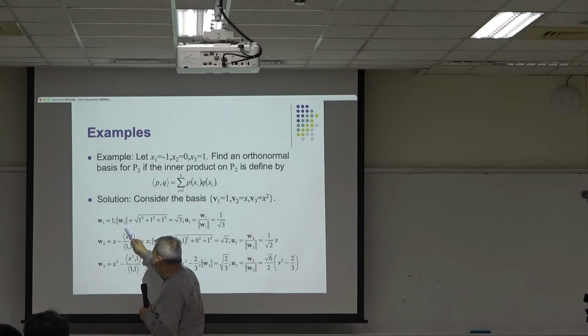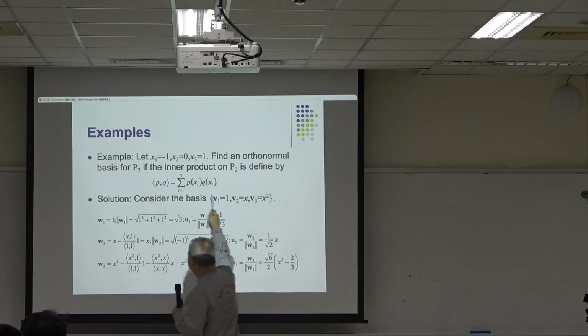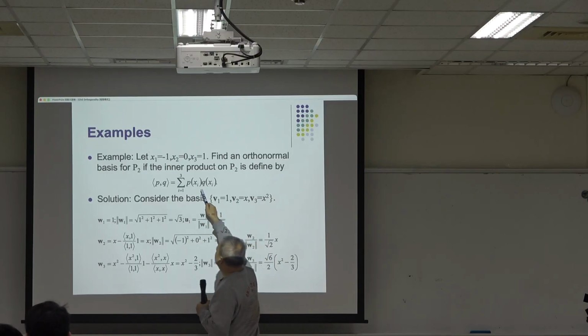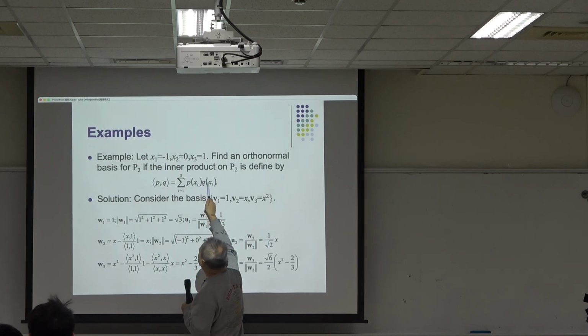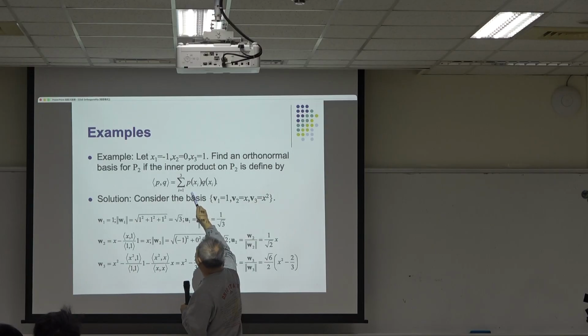And the norm of w1 is going to be the square root of w1 inner product w1. So you need to plug this in here. Your w1 is just 1, so 1 times 1. It has nothing to do with the x value. So 1 times 1, i from 1 to 3. So that's 3, so it's the square root of 3.